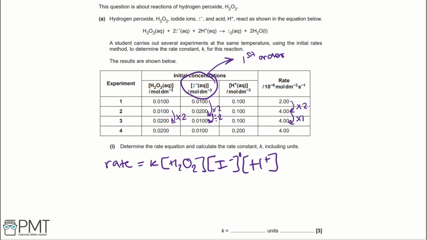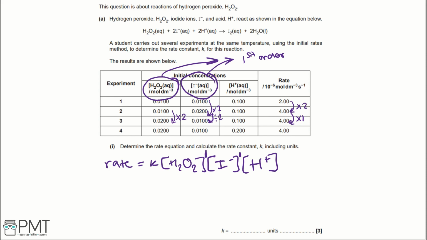And if we know that I- is first order, we would expect rate to halve. But it hasn't, it stayed the same. And because hydrogen peroxide or H2O2 has increased by times 2, the order of reaction for H2O2 is also first order, so it would have a 1.